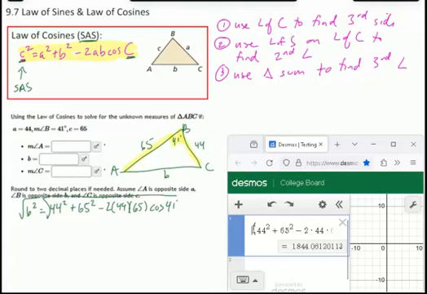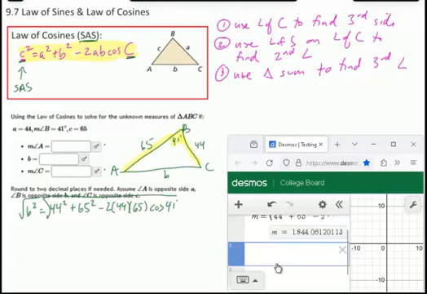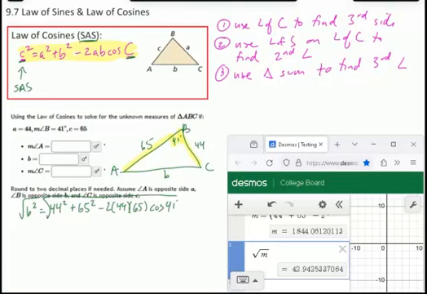I'm going to call it some variable. So I'm going to say m equals, so I can then take the square root of that separately. So if I set this whole thing equal to m, and then I take the square root, that's going to give me my b value to be 42.94. And so that would be the first measure that I'm looking at.